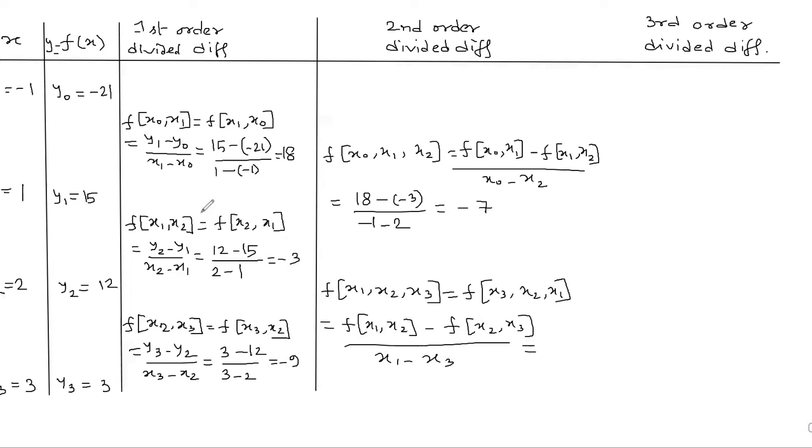So f of x1, x2 is minus 3 and f of x2, x3 is minus 9. So minus 3 minus minus 9 divided by x1 minus x3. So it is 6 divided by 1 minus 3, which is equal to minus 3.